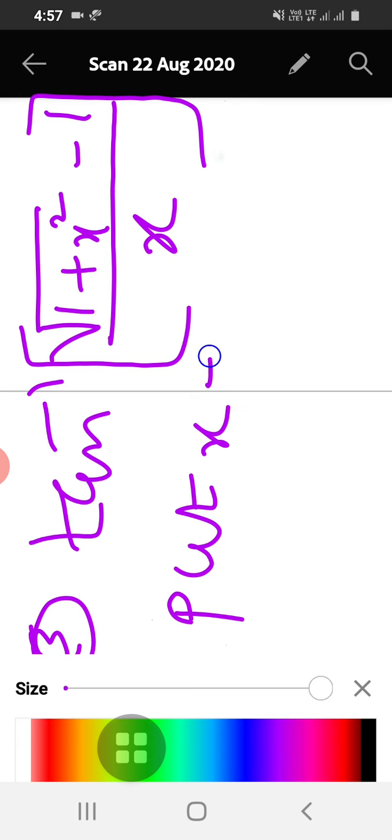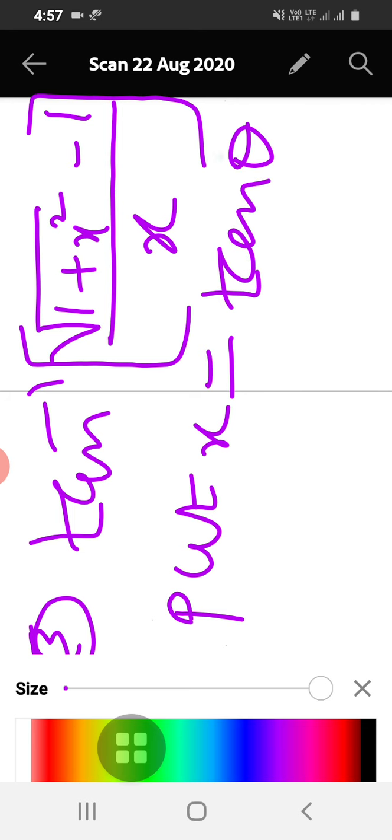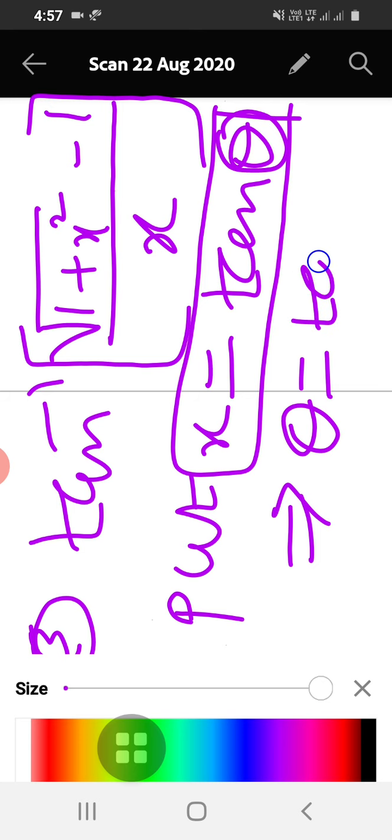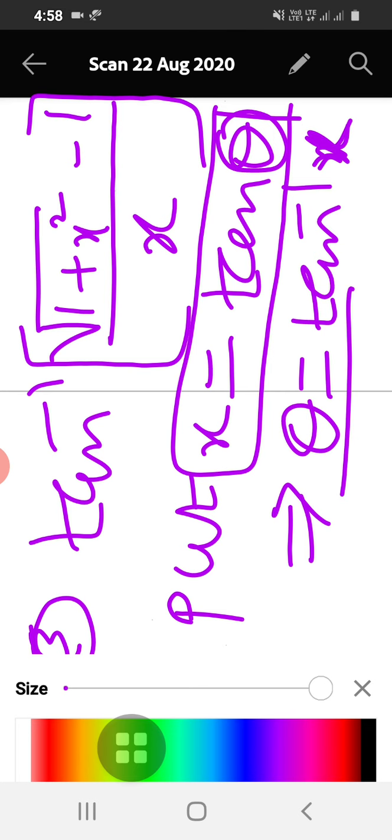Put x is equal to tan theta. We have to substitute tan theta in place of x. If we solve for theta, we get theta is equal to tan inverse of x. This is the first important step.